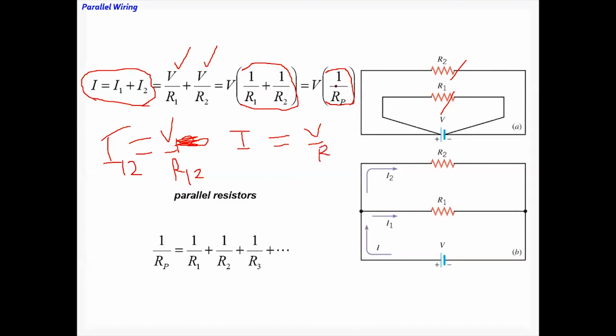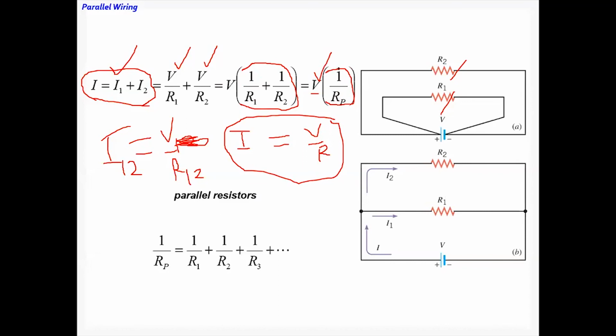You cannot simply write V times RP here. You have to write V times 1 over RP, because in Ohm's law, I is not V times R. Your I equals V over R. That's why if you want to find I, you have to write V times 1 over RP, which is the same as V over RP.